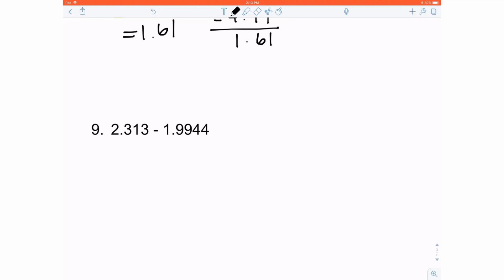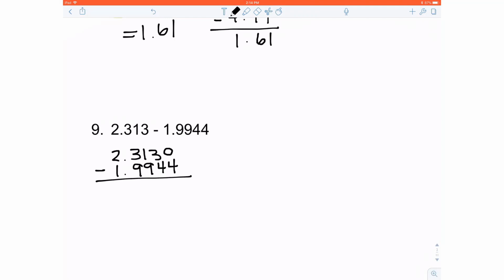Remember, the first thing we want to do is we want to line up our decimals. So 2.313 and 1.9944. And look at that. We got to fill in a 0, okay?